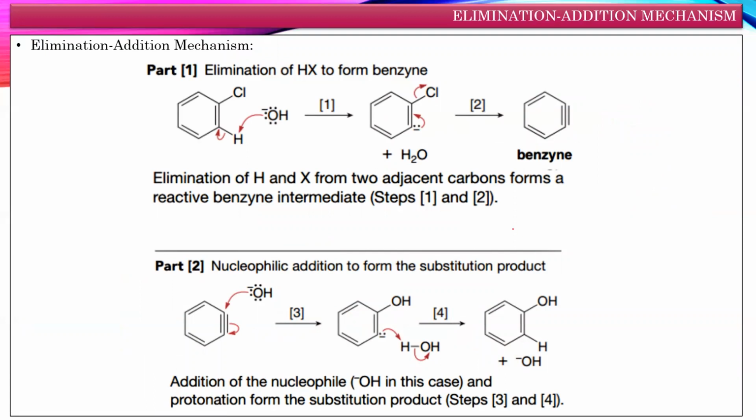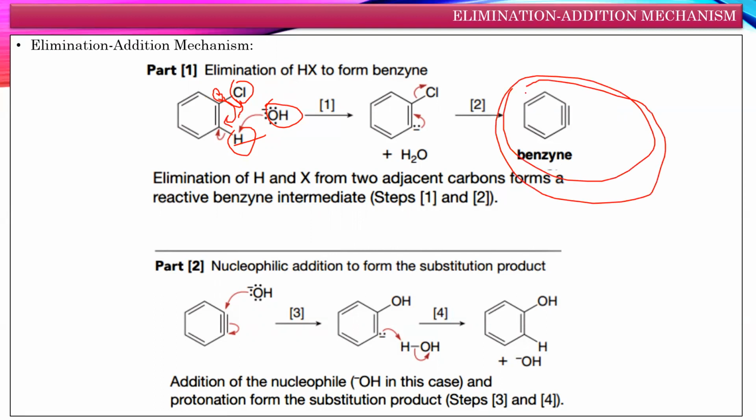In the elimination-addition mechanism, the first step is elimination of the hydrogen adjacent to the halogen. A base attaches and removes a proton to adjust the charge, and the halogen is removed, and the minus charge comes here and forms a benzyne intermediate.